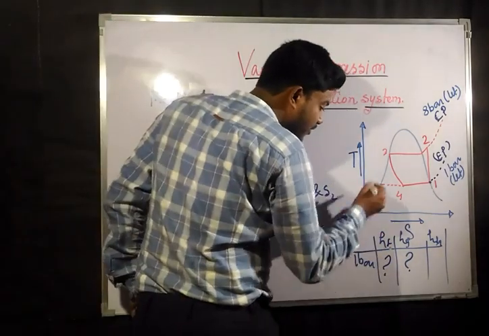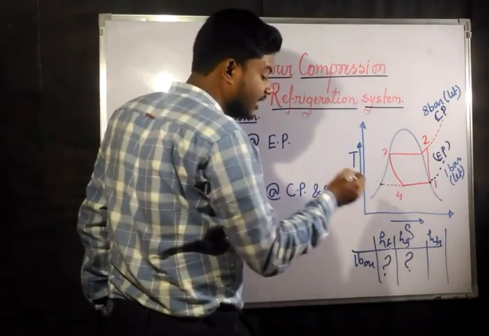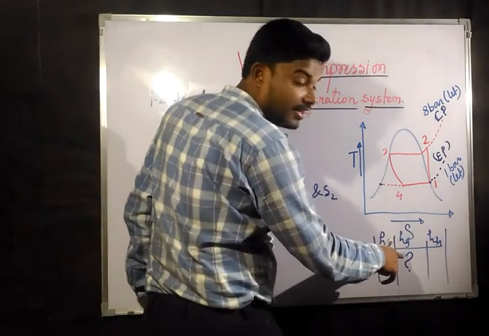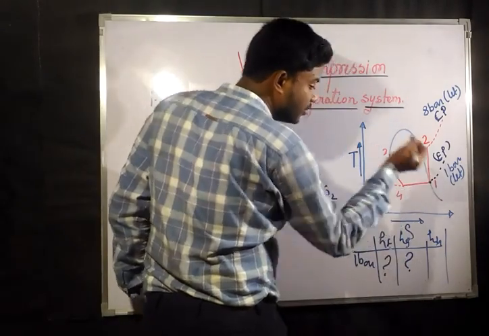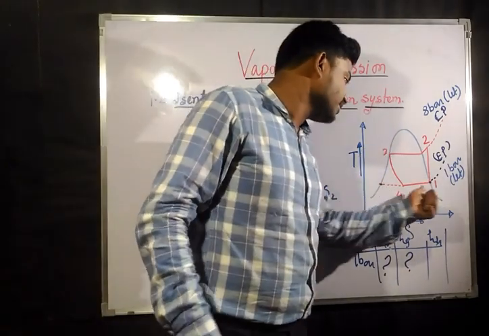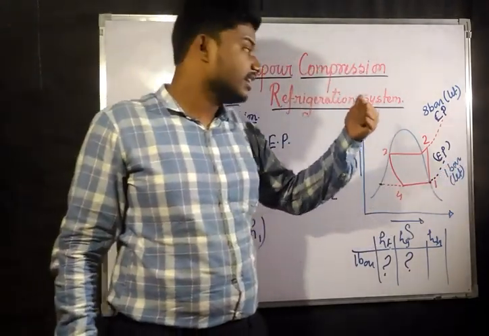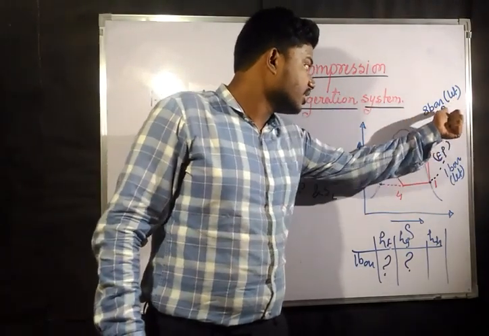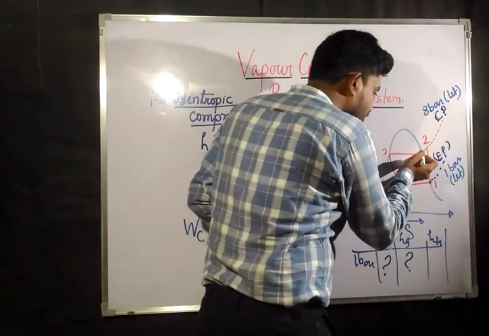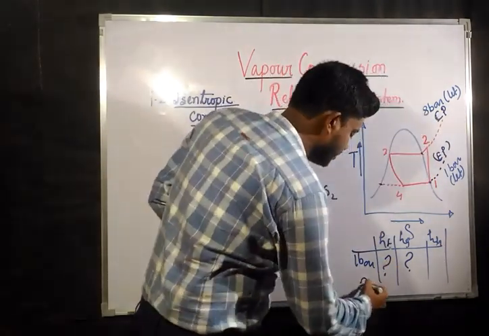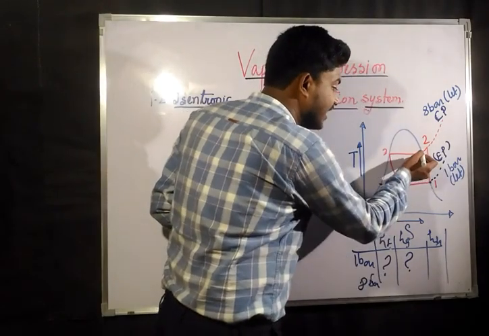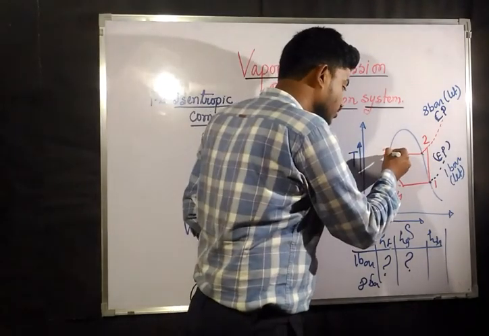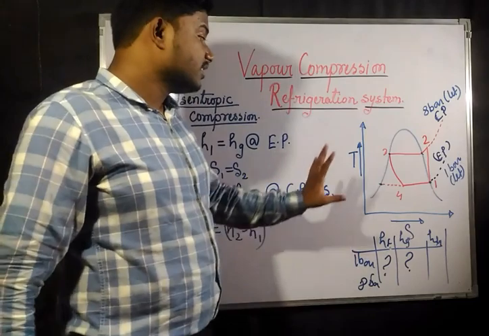This is Hf and this is Hg at that particular pressure, 1 bar. Similarly, at 8 bar pressure for the saturated region, this point gives Hg at 8 bar, and Hf is the value at this point. So this is the scenario.